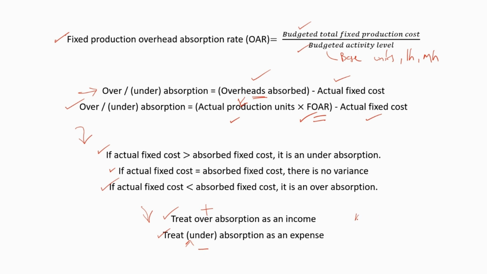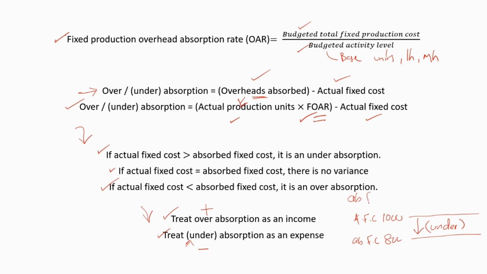Let's say the actual fixed cost is 10,000, and the absorbed fixed cost is equal to 800, which is below the actual value. In other words, the absorbed cost is under the actual value, which is known as the under absorption.